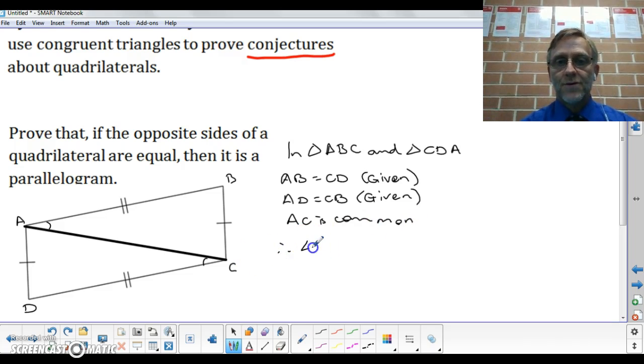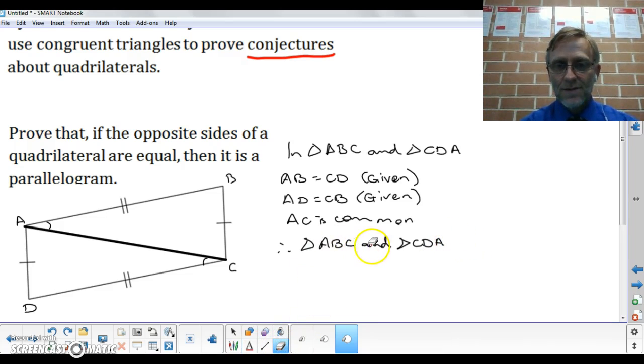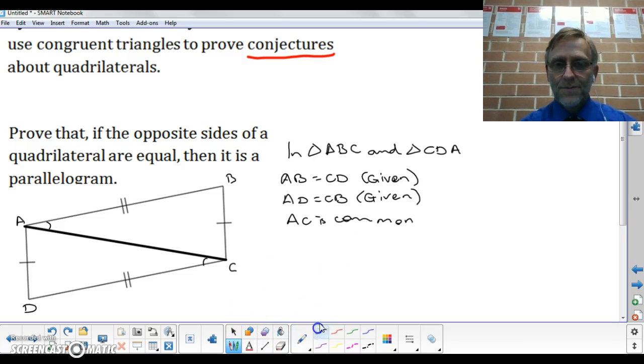Therefore, triangle ABC and triangle CDA. Oops. It's not just and, it shouldn't be an and, it should be an is congruent to.